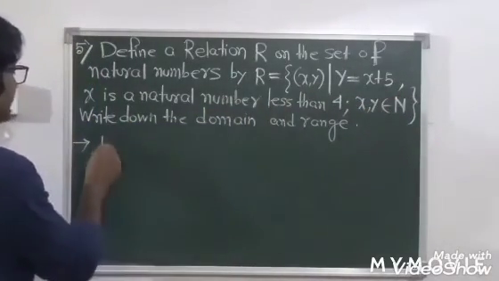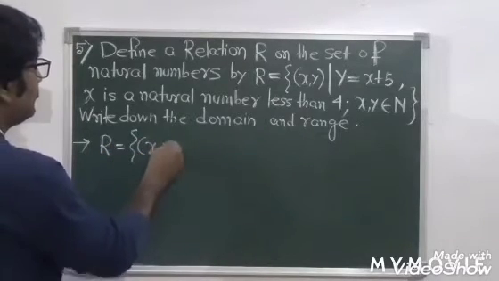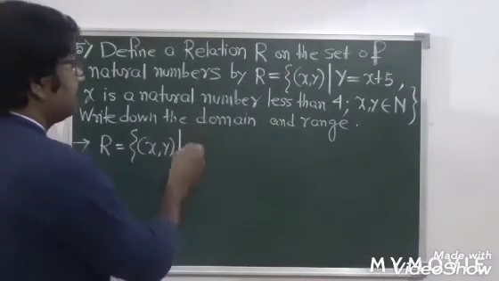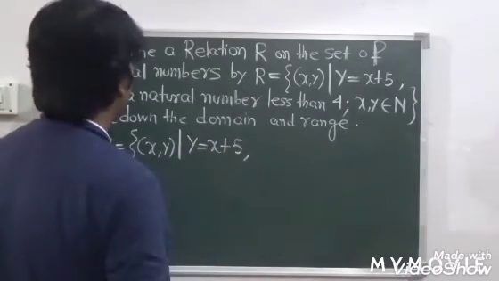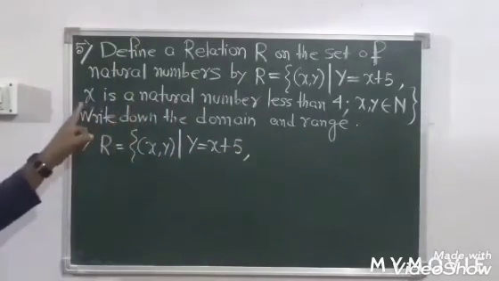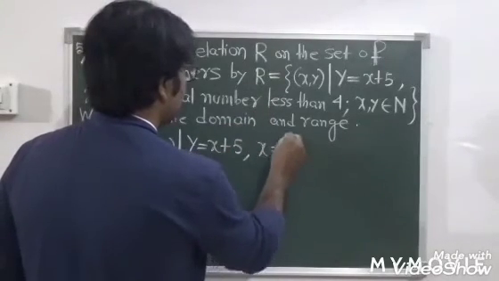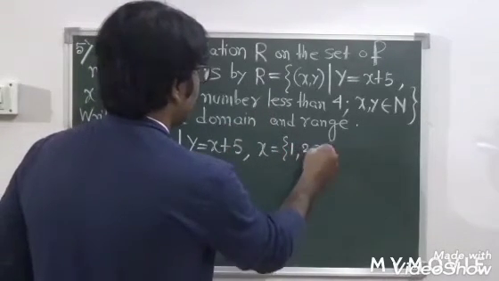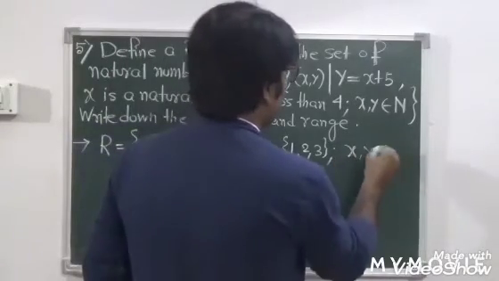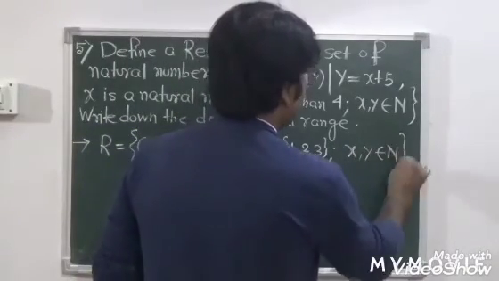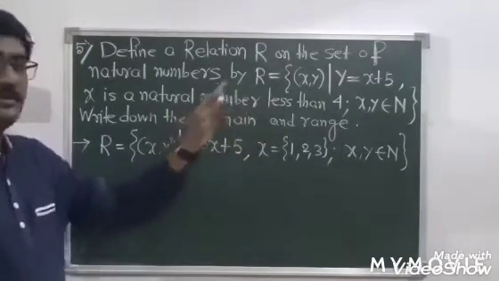So again, let us first write down the relation given as (x, y) such that y equals x plus 5. The given condition is that x is a natural number less than 4, that is, x equals 1, 2 and 3, and x, y belong to the natural numbers.